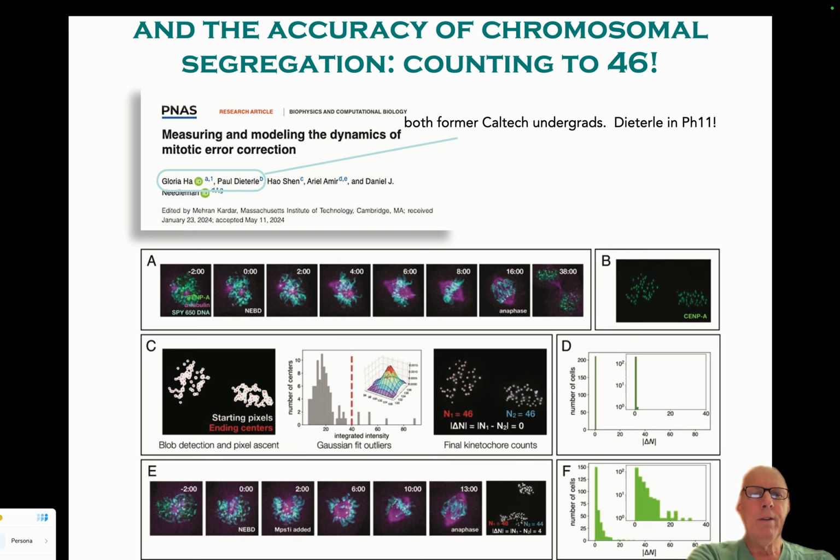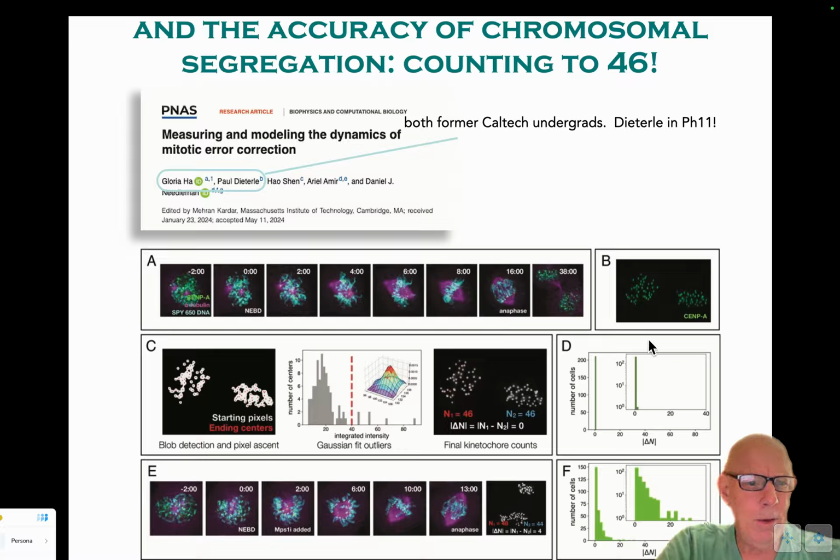I also wanted to mention this quite cool paper that Ariel Amir and Dan Needleman were responsible for. The two lead authors are both former Caltech undergrads, Gloria Ha and Paul Dieterle, people that I admire a great deal. And I'm not asking you to look at this in any technical detail.